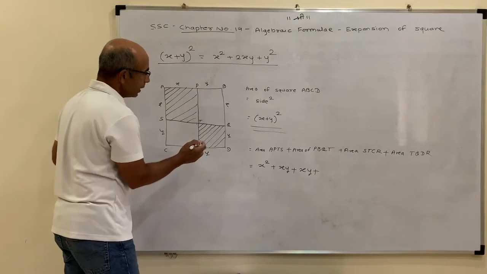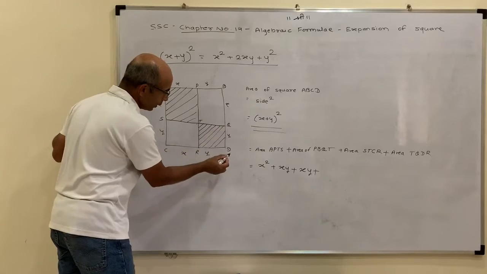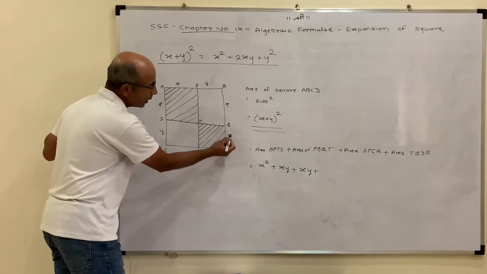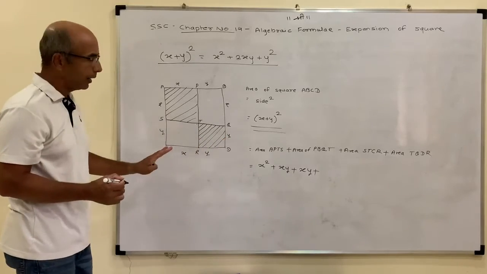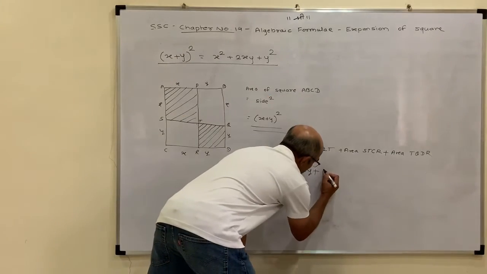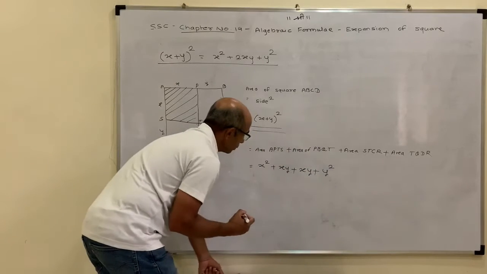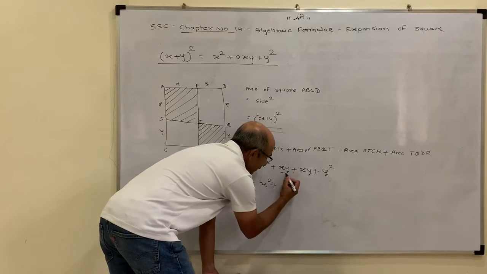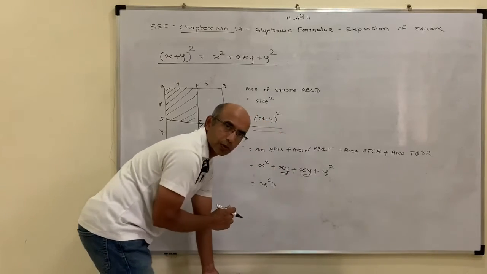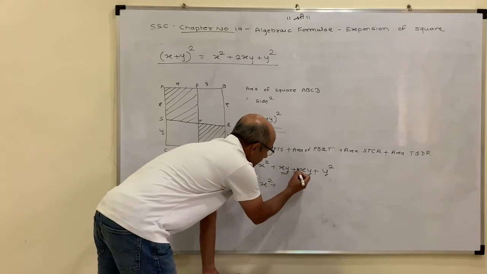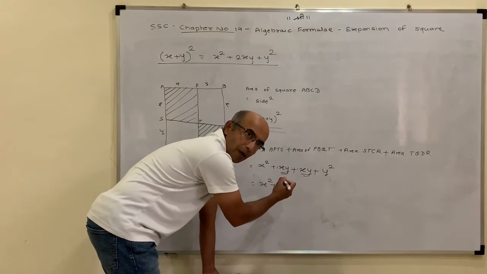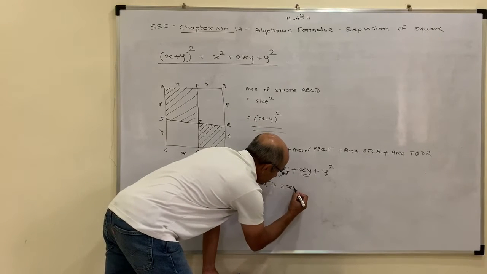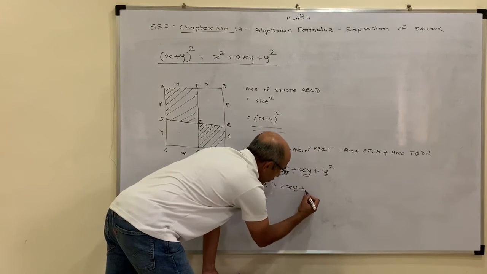Plus TQDR is a perfect square, its length is y and breadth is y, so its side is y. So area of this is y square. Now x square plus, see, these two terms are the same, so their coefficient is nothing but 1. So we can add them with the associative property. So it comes out to be 2xy plus y square.